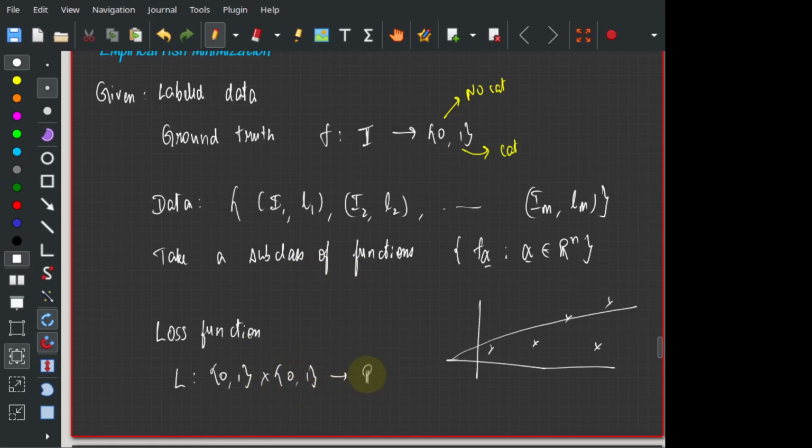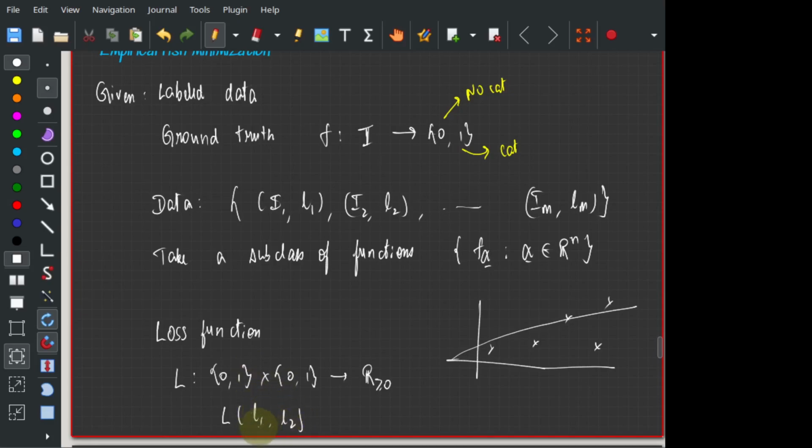The loss is greater than or equal to 0. So it's L of, say, L1 comma L2. These are the labels: one of them is the true label, the other is the predicted label.